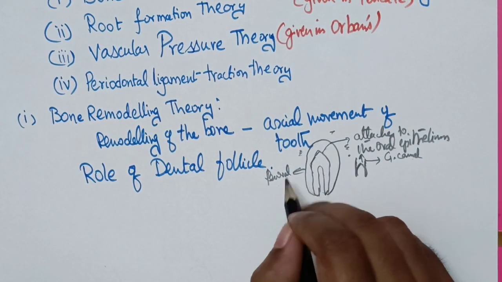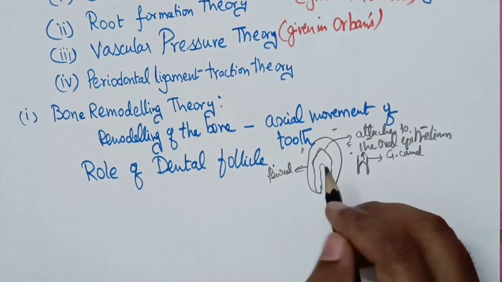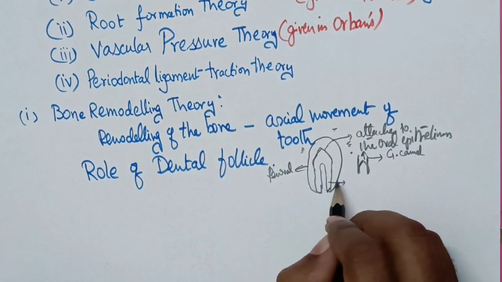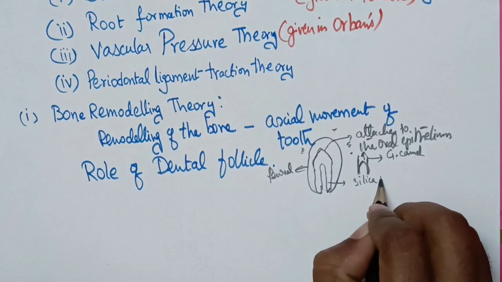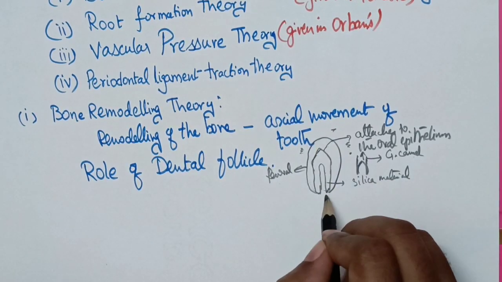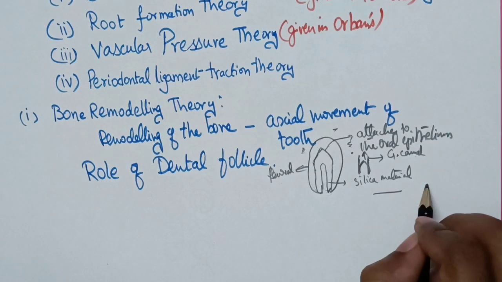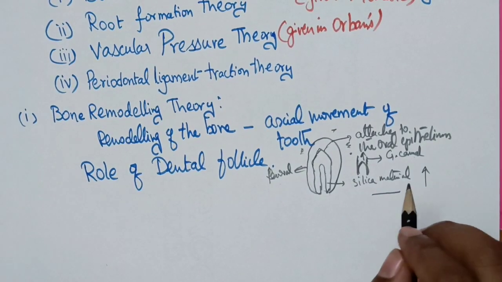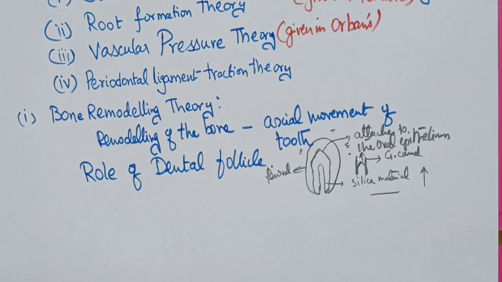With the removal of the dental follicle, tooth eruption doesn't take place. Or if you remove the tooth and instead place a silica material with the presence of dental follicle, this silica material will erupt. So this indicates the important role of the dental follicle in tooth eruption.